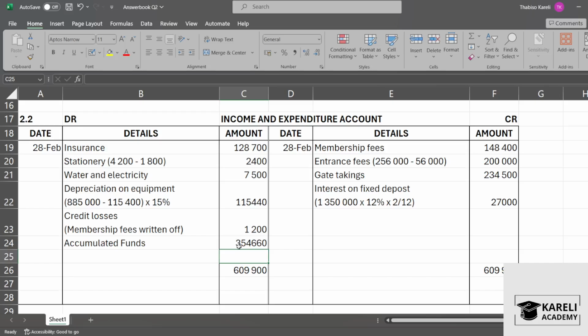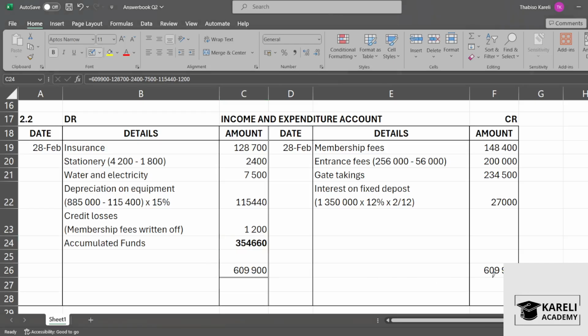Then our answer for accumulated funds will be 354,000. Now, sometimes they also want you to do the accumulated funds account. Therefore, remember to transfer this 354,000 to accumulated funds, and also the 56,000 that was capitalized.